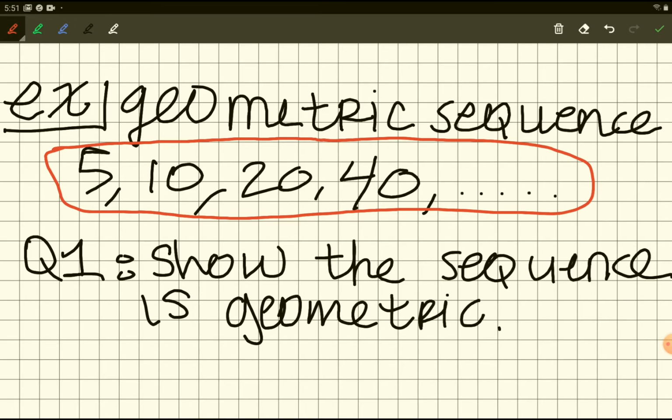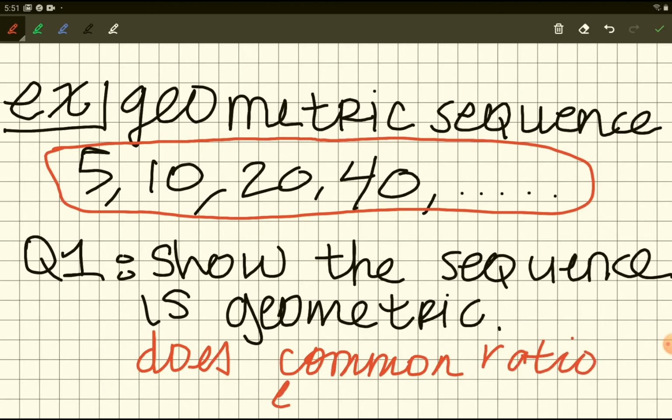In other words, does a common ratio exist? And then if it does exist, what is it?